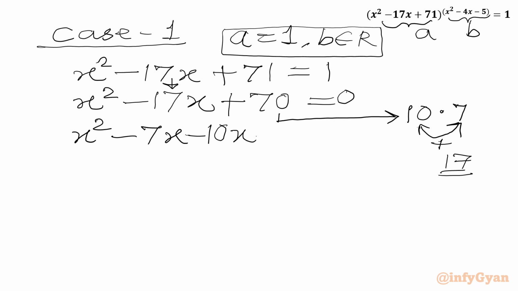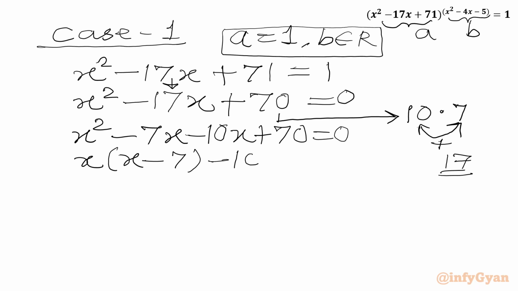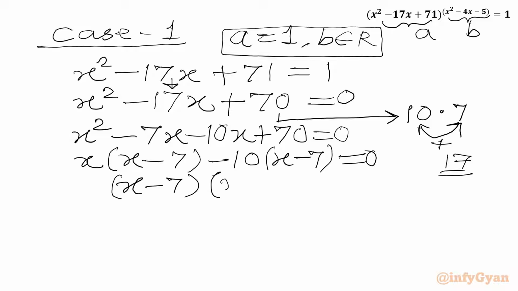Multiplication will be plus 70. Now we will take x common from the first two terms, so x minus 7 will be in the bracket, and minus 10 is common from the last two terms. We will write x minus 7 in the bracket equal to 0. x minus 7 is overall common, so in the other bracket we can write x minus 10 equal to 0.